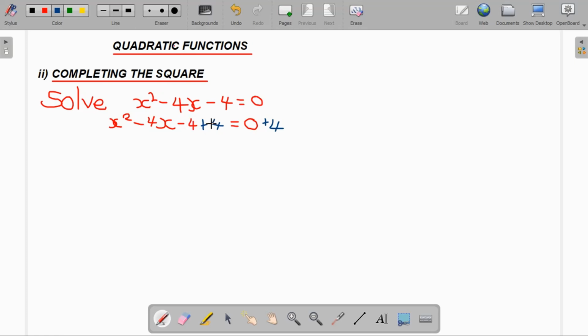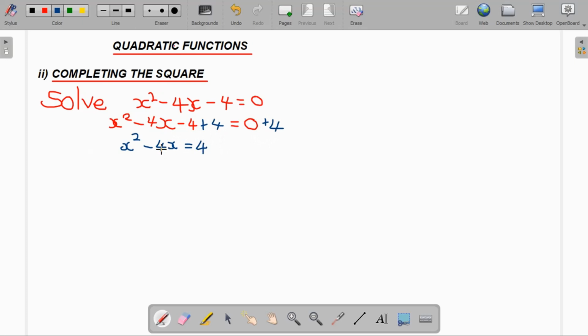So negative 4 plus 4 gives us 0. So we have x square minus 4x equals 0 plus 4, which is 4.